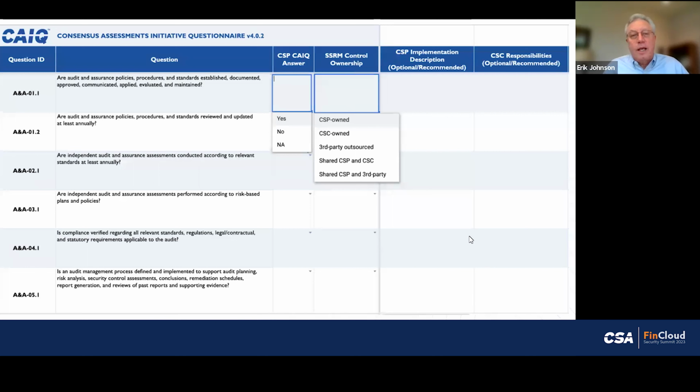So that accounts for the use case where you have a SaaS provider that might be leveraging a supporting IaaS or PaaS provider for their environment. So they might outsource, say, the data center controls, which is fine. So it gives you that visibility into the full stack of who's implementing what for your applications, which is important to be aware of from a third-party risk management perspective.